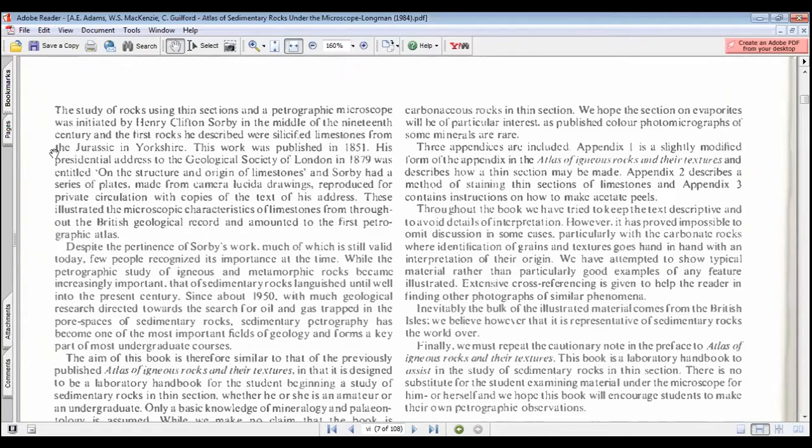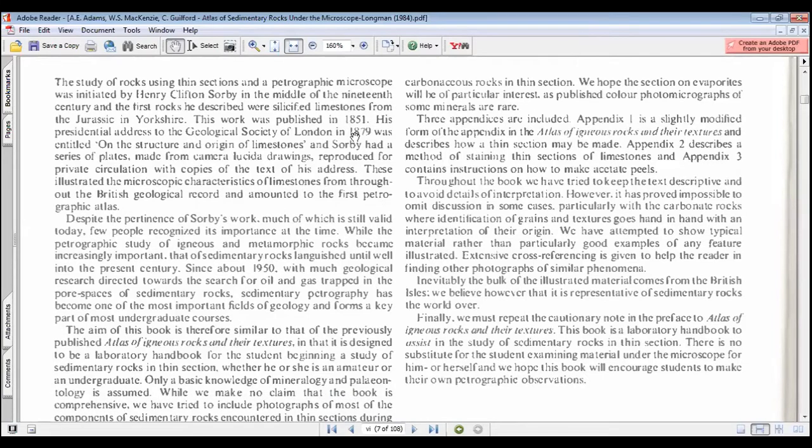It was in 1851, and then he presented his results in one of his remarkable papers on the structure and origin of limestone that he published in 1879, and he presented that paper as well.